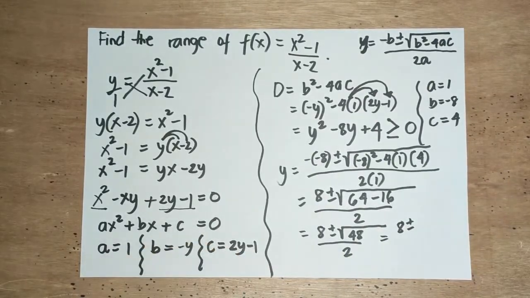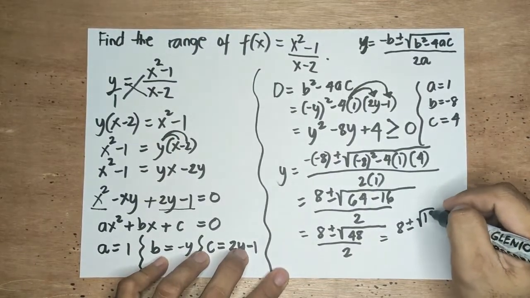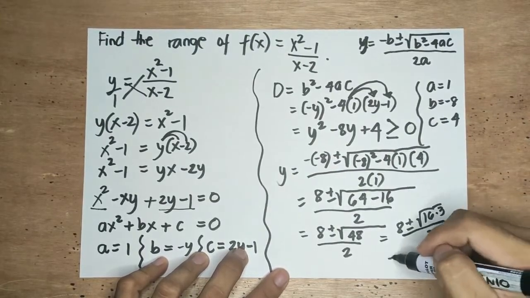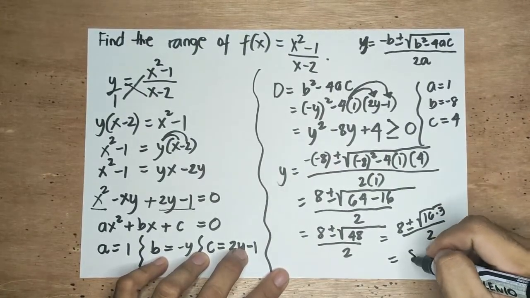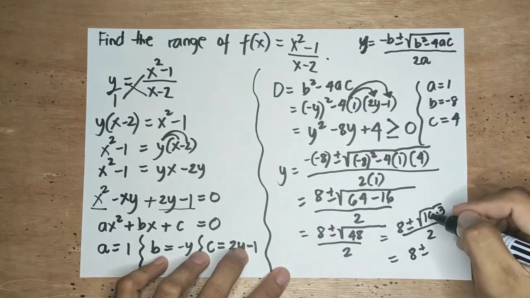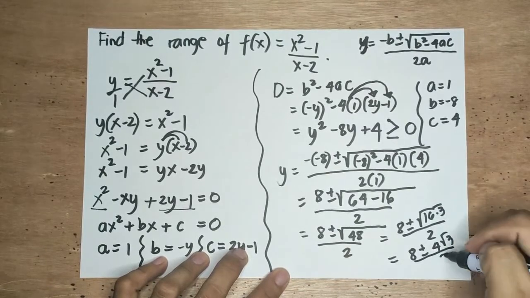What are the factors of 48? 16 and 3. So this will be 16 times 3 all over 2, or that is plus or minus. Square root of 16 is 4. Square root of 3 all over 2.